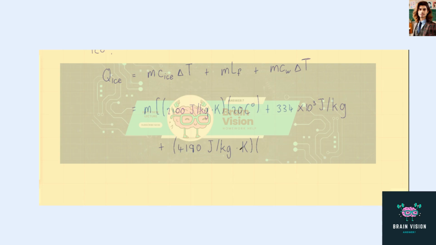So the water that has been melted goes from 0 degrees Celsius to 30 degrees Celsius. So that's a temperature change of 30 Celsius degrees.